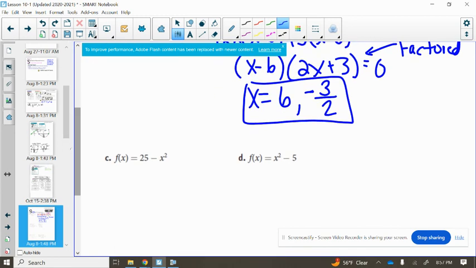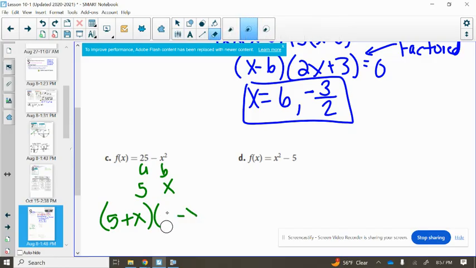On the next one, we have a difference of squares. We have 5 squared, which is 25, minus x squared. So a plus b and a minus b would be our two factors this time.